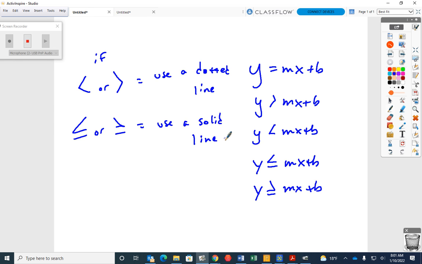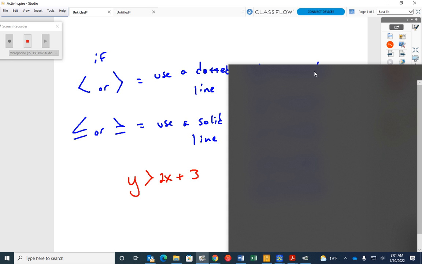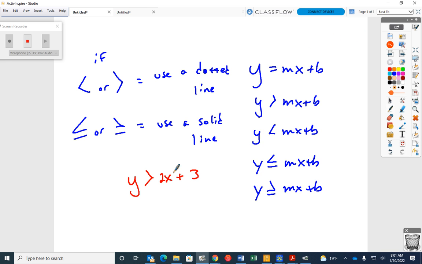So let's take a really simple equation, I'm sorry, not equation, I said the wrong thing. Let's take a really simple inequality. Let's say I've got y is greater than 2x plus 3. Remember, treat this just like slope-intercept form.